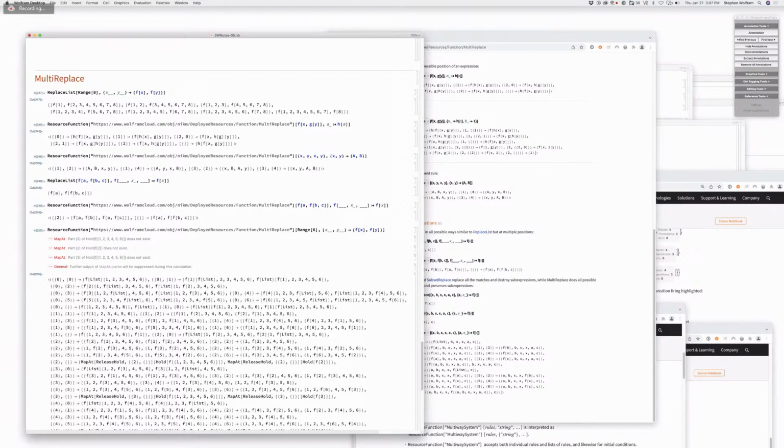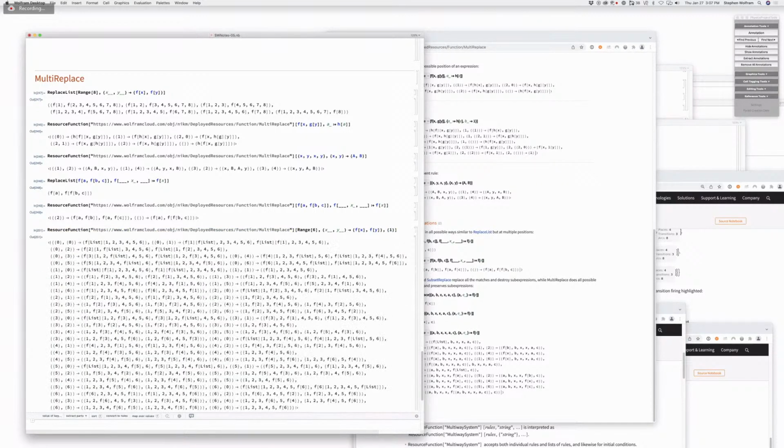What is this? Maybe try level 1. Just try with range 3 or something. Is that the right level specification? Oh my gosh, does it have a Heads option? Yes, Heads false.